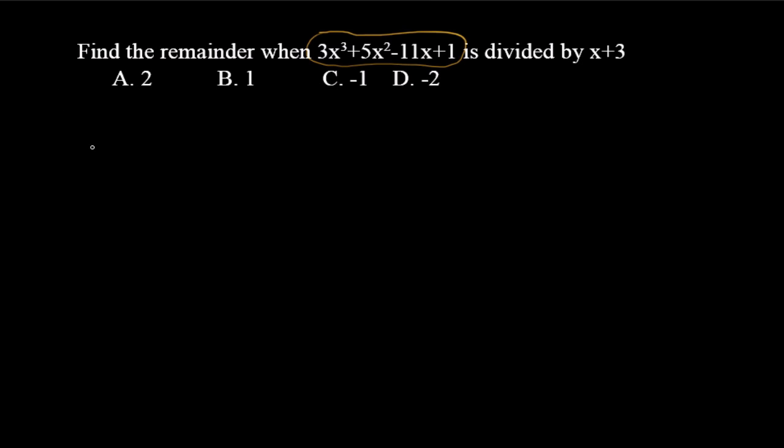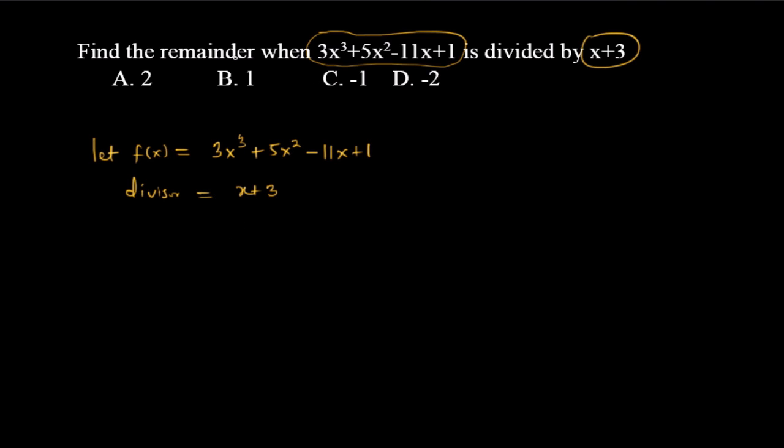So f of x equals, the polynomial we are given is 3x to the power 3 plus 5x squared negative 11x plus 1. And then the divisor is x plus 3. So let me just write that down. The divisor that we're given is x plus 3.